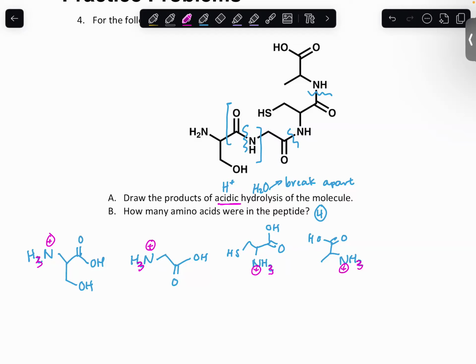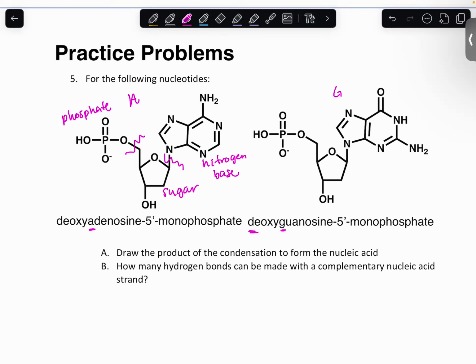Is this DNA or RNA? DNA, because it's deoxy. What would I need to do to make this RNA? An OH here would make it RNA.